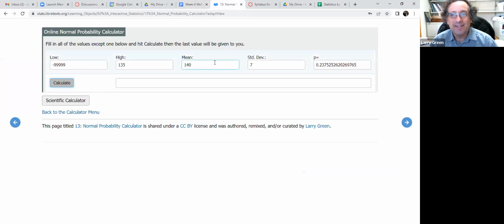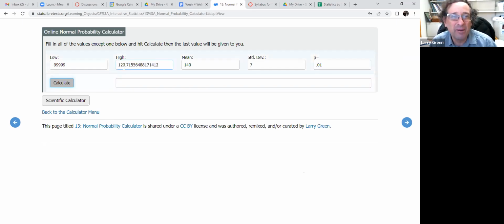So the idea here is 1%. Where does a 1% go? That's the P, and we need to turn it to a decimal. Now it's the high that we're negotiating, so that's what we're going to leave blank. If I calculate, and you're negotiating, so I'd probably round to 123, because we want it to be less than 1%, not greater than 1%.